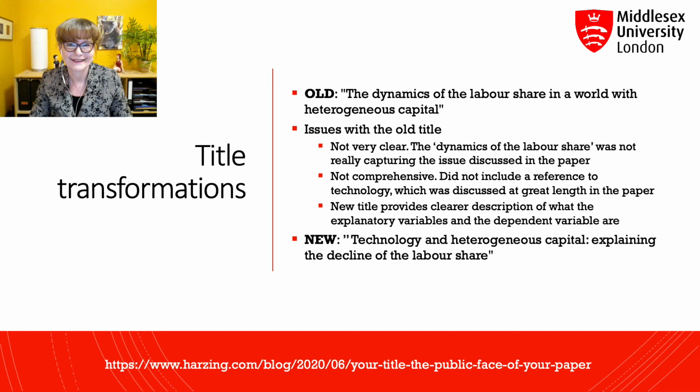It also didn't include all the key concepts that were important in the article. There was no reference to technology, and this was discussed in great length in the paper, so it's important to get it in the title as well. And perhaps even more importantly, the original title didn't really give an indication of what the independent or the dependent variable was, whereas the new title clearly identifies this.